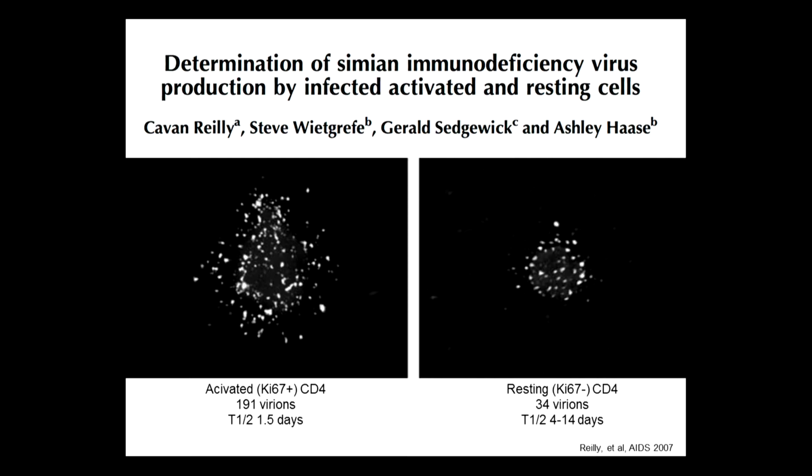This cell is Ki67 positive, so by that measure it's an activated T cell. This cell is Ki67 negative, and at least by that measure it's in more of a resting phenotype. Now, you can make the argument that we really can't call this a resting cell because we haven't done the other markers of activation, but at least by Ki67, we can call it that.